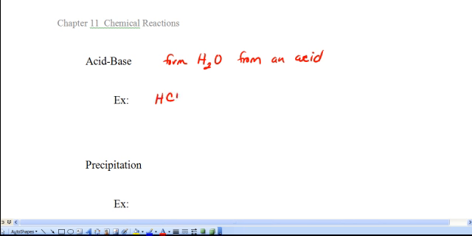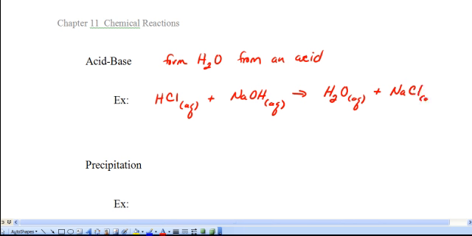A common example would be simply taking HCl plus sodium hydroxide, and that would produce water and sodium chloride. So here's your water formed, and it's coming from an acid, so that would definitely qualify as an acid-base reaction.